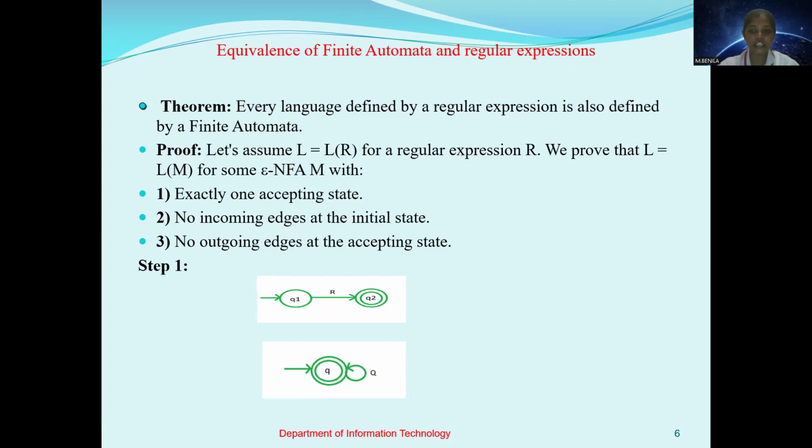Label the transition Q1 to Q2 as the given regular expression R. So from figure 1, but if R is Q star, Kleene closure of another regular expression Q, then create a single initial state, which will also be the final state.